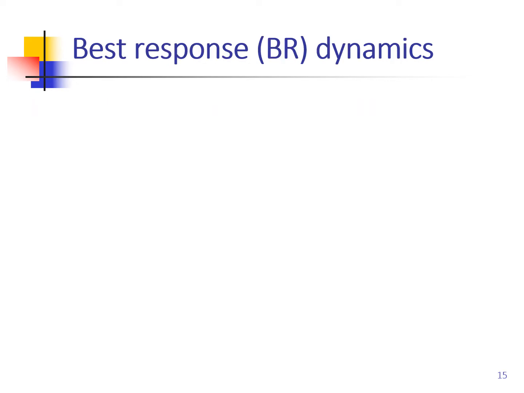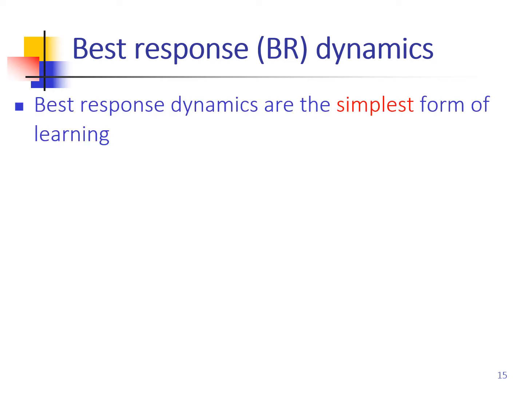All right. So now let us go through a family of very popular learning algorithms, which will recapture the notions of Nash equilibrium, correlated equilibrium, and coarse correlated equilibrium. We will see the algorithms that allow us to converge to those points. One of the simplest forms of learning is what we call best response dynamics.